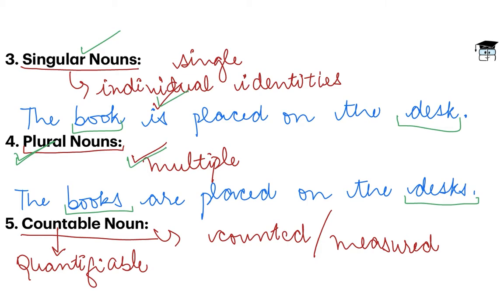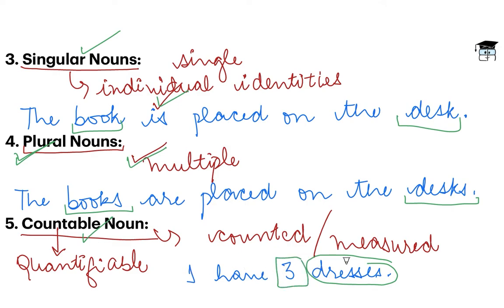Now, if I have to take an example of such nouns, I would say I have 3 dresses. Now in this statement, I can see that the noun dresses is countable. I can count that how many number of dresses are there? There are 3 number of dresses. That means the word dresses is a countable noun. It is a quantifiable noun.